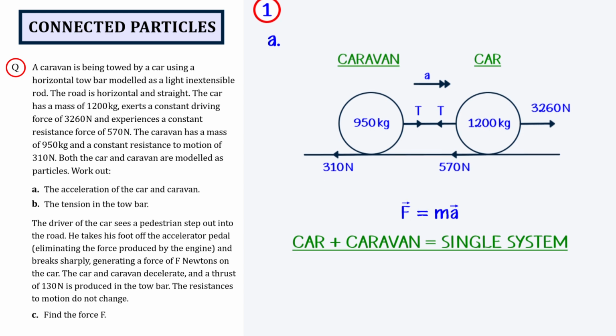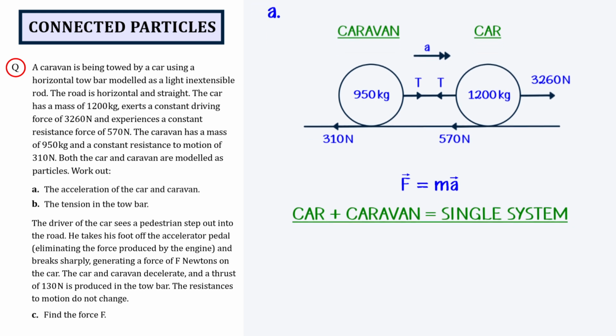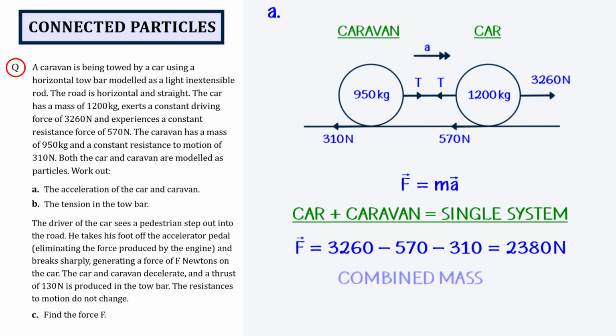So the resultant force will be the force due to the car's engine, 3260 newtons, minus the resistance force from the car, 570 newtons, minus the resistance force from the caravan, 310 newtons. So the resultant force is 3260 minus 570 minus 310, which is equal to 2380 newtons. And the combined mass of the car and caravan is 2150 kilograms.